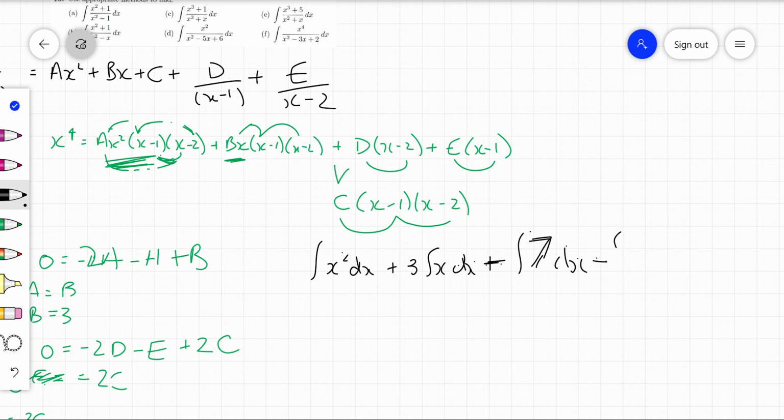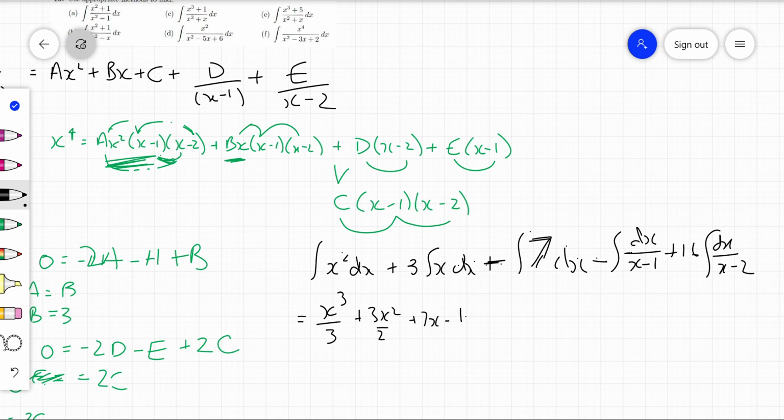And my pen is struggling. So, as usual, you're used to this, we're just filling it in. So let's give it a go. So this will be x cubed on 3. This will be 3x squared on 2. Then we've got 7x. We've got a log. We've got another log. And of course a plus c.